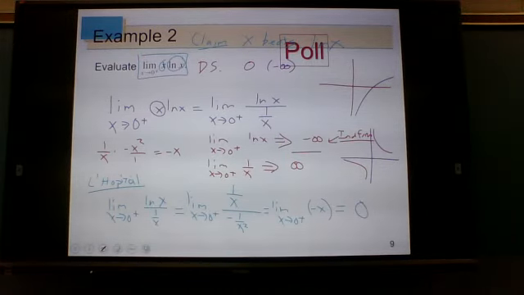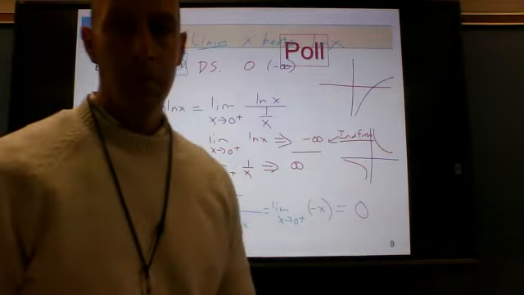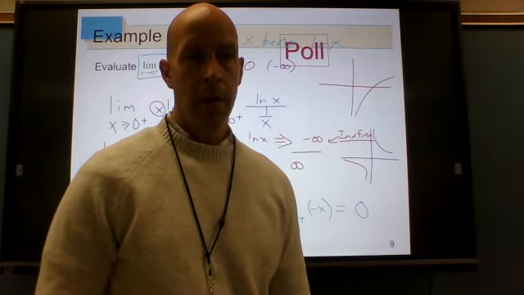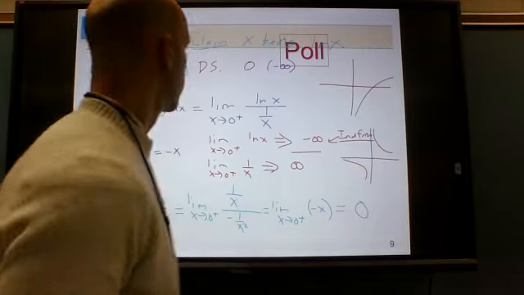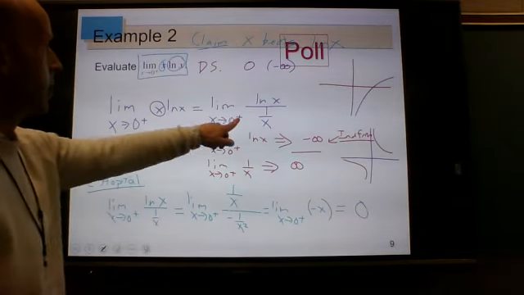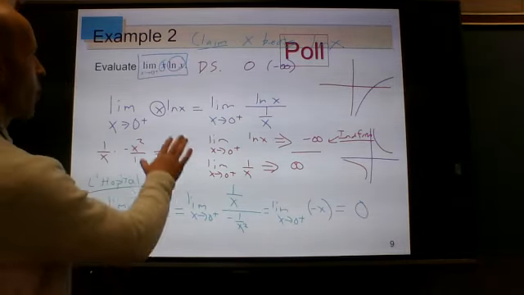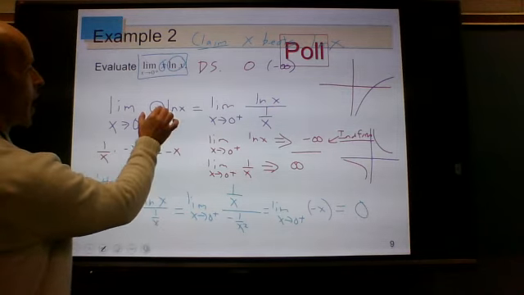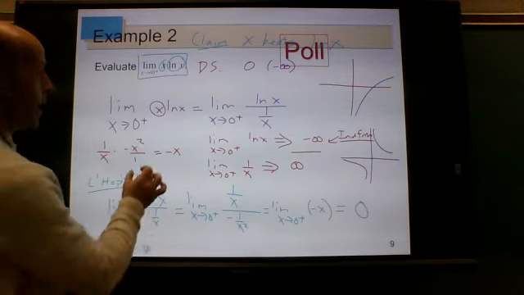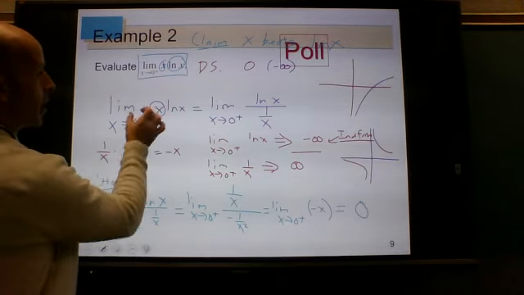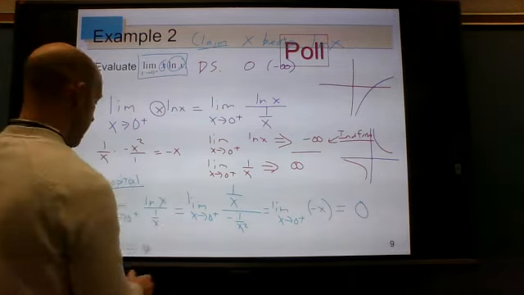Mr. Allen? Yes. I think my internet went really slow when you were explaining why we turned x into 1 over x. Oh, here? To here? Yeah. So what we're trying to do here, James, is convert this product into a quotient. Think about it this way.